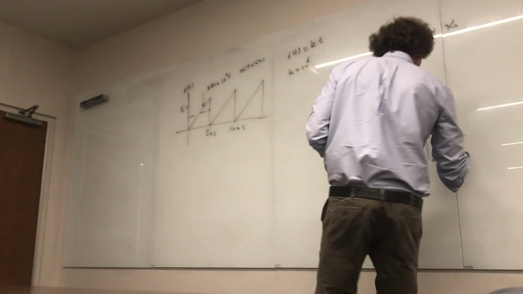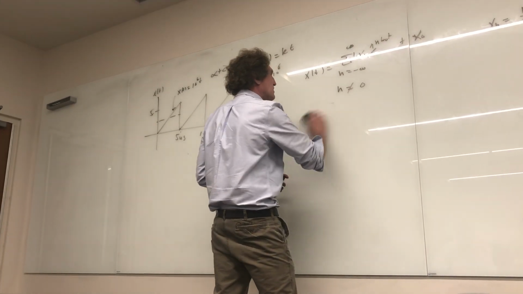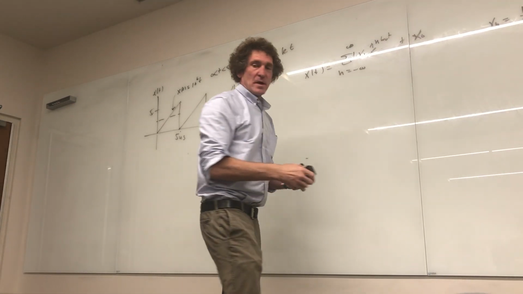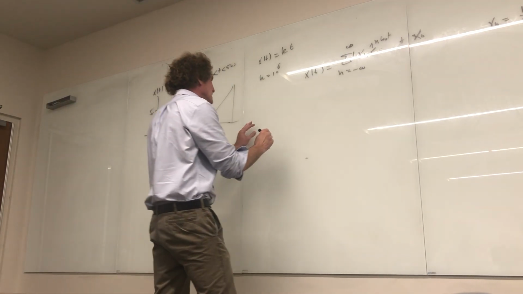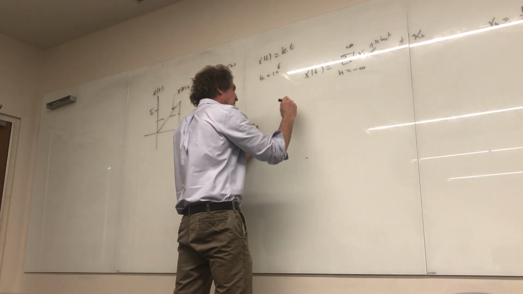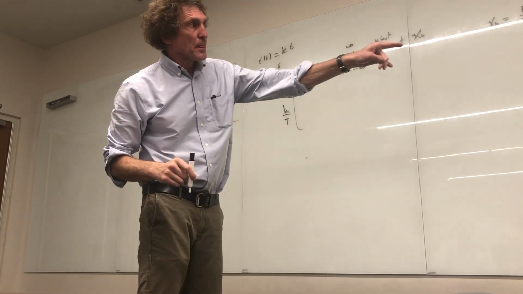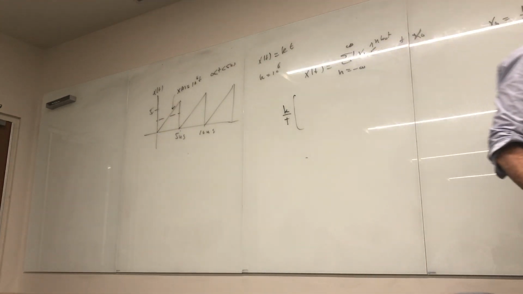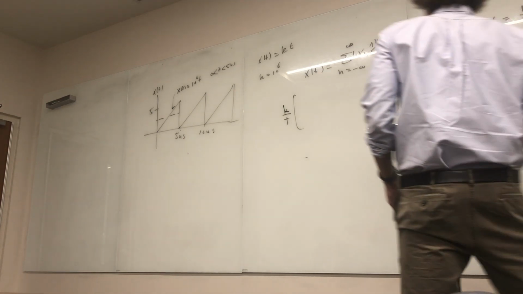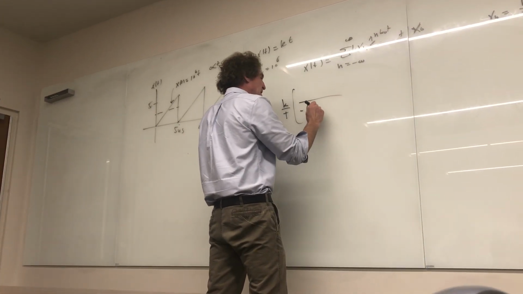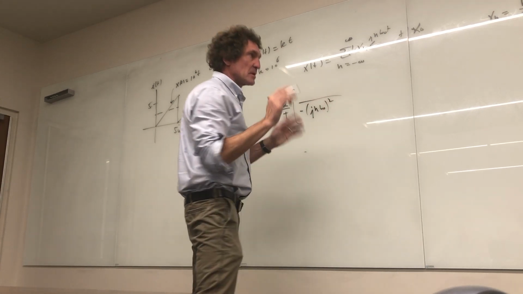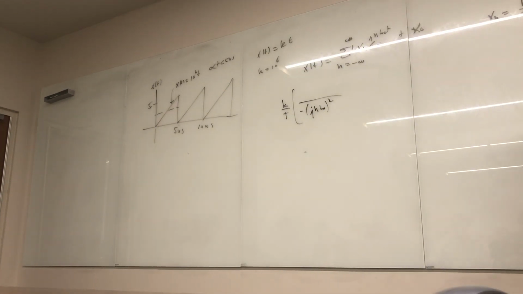When I take a look, I have k over T, and don't worry about T right now. Now I look at the first part, this one. Now just watch this. I have 1 over minus jn omega naught squared there. Just leave that alone. Now I have to evaluate this.